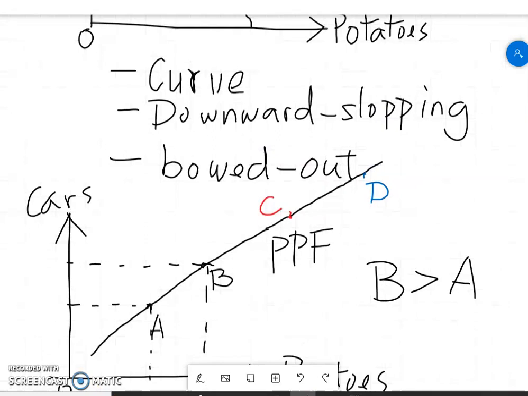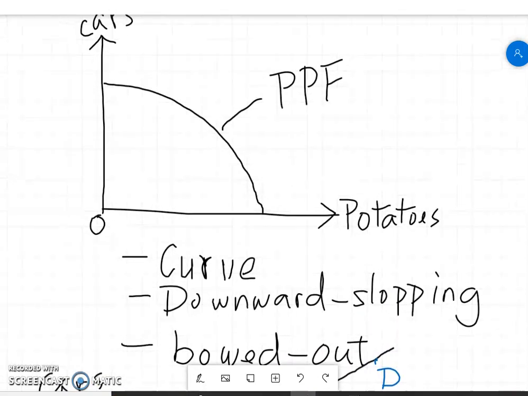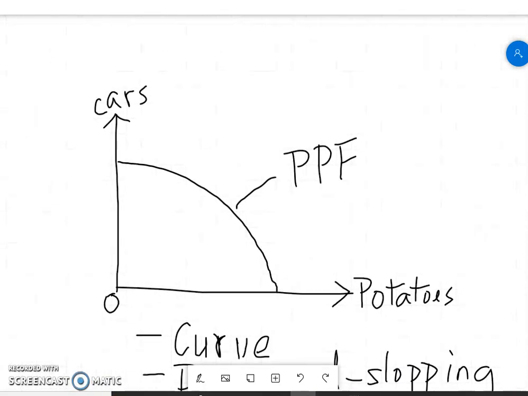Now let's move back to this downward sloping PPF. Here we find that the downward sloping PPF and the two axes give us this closed area.